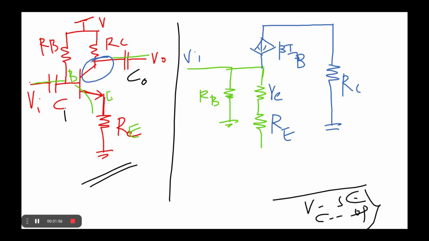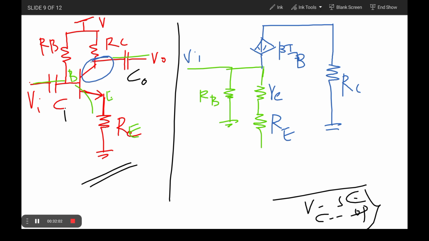For the input section you have to apply KVL. The input voltage is equal to the drop across Re, which gives rise to the overall voltage. Here we don't have any other current, therefore it is equal to 0.